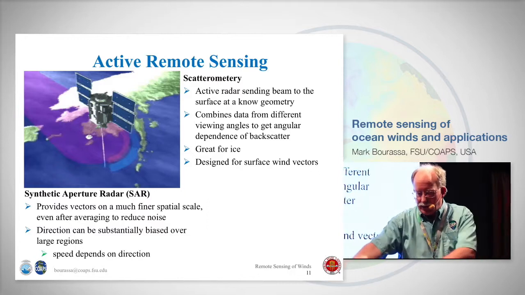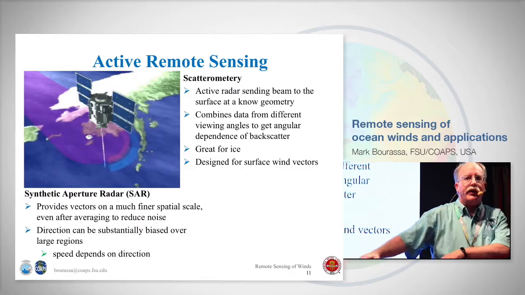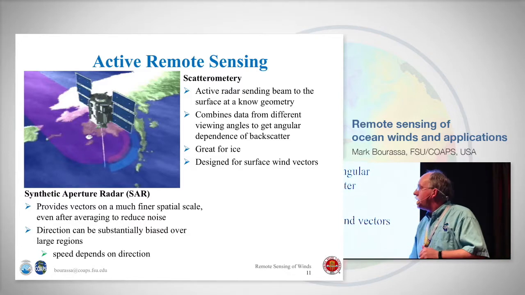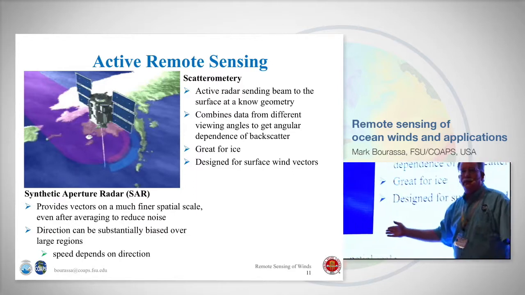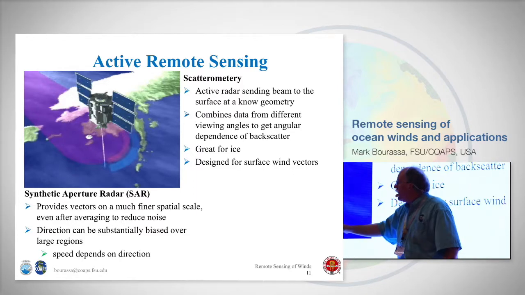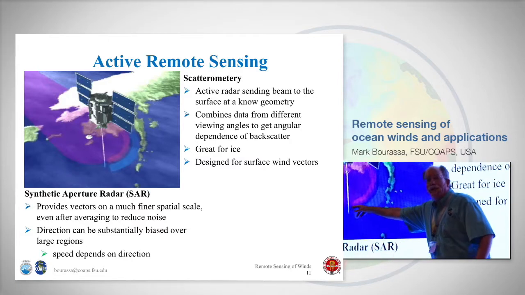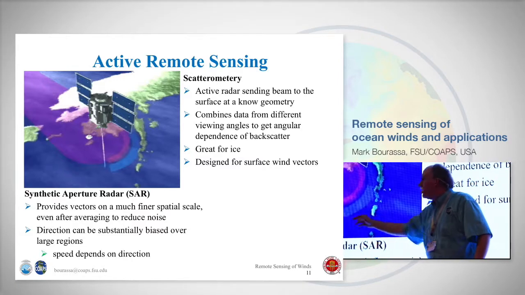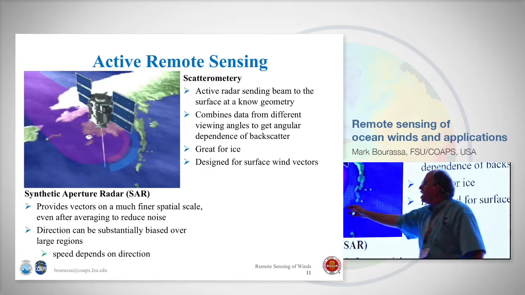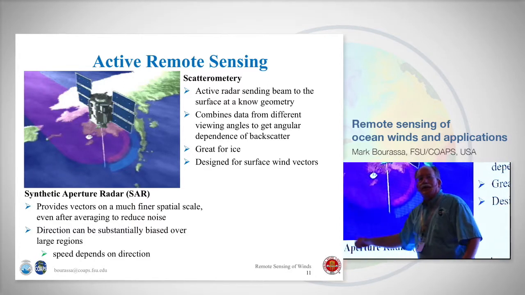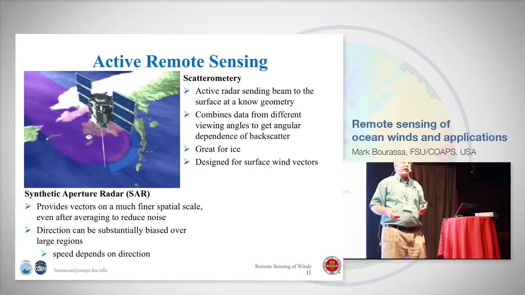And it does it at 2 different angles, and it rotates as it does that, and it moves. So if it was moving in this direction, which in this picture it should have been, it would sense, say, here, with this outer beam, and then as the satellite moved further along, it would hit it with the inner beam, and as it moves again further and further, the back end of the inner beam hits it, and then the back end of the outer beam. So it gets to look at the surface from different directions.